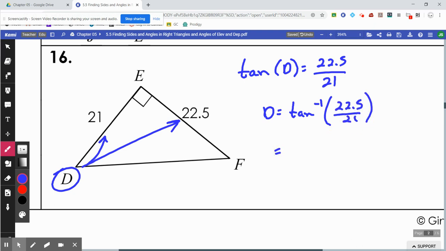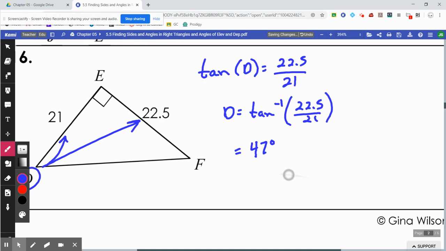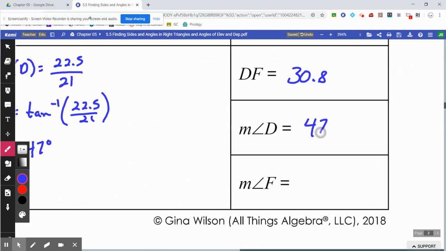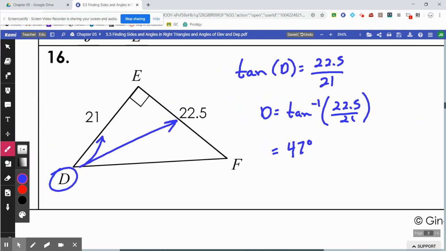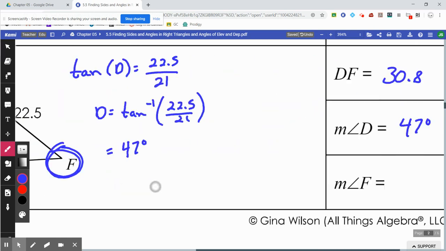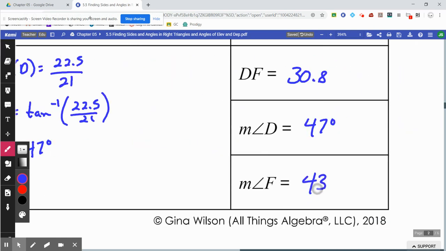That's going to tell you that angle D is equal to, we'll round to the nearest angle measure on this, right at 47 degrees. So we'll put 47 degrees on angle D. And a reminder that the three angles add up to 180, or these two angles add up to 90. So since this is 47, this would have to be 43.